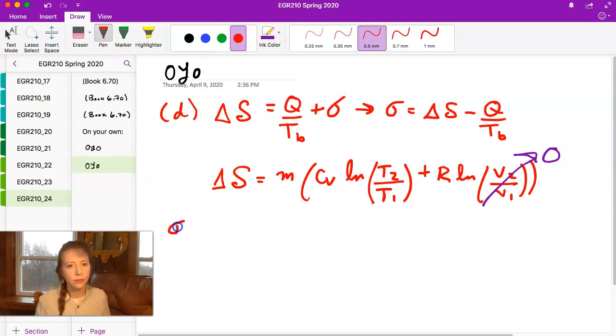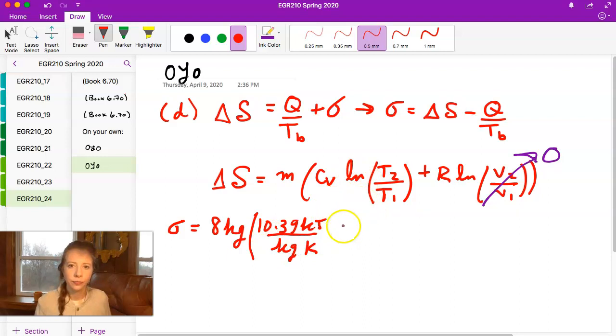So sigma is going to be m, which was 8 kilograms, times Cv, which was 10.39 kilojoules per kilogram Kelvin, times the natural log of T2 over T1. T2 was 700 Kelvin, T1 is 400 Kelvin, so 7 over 4.